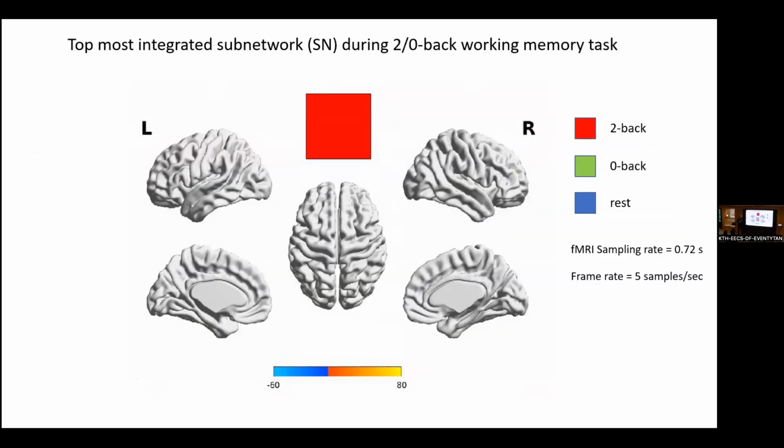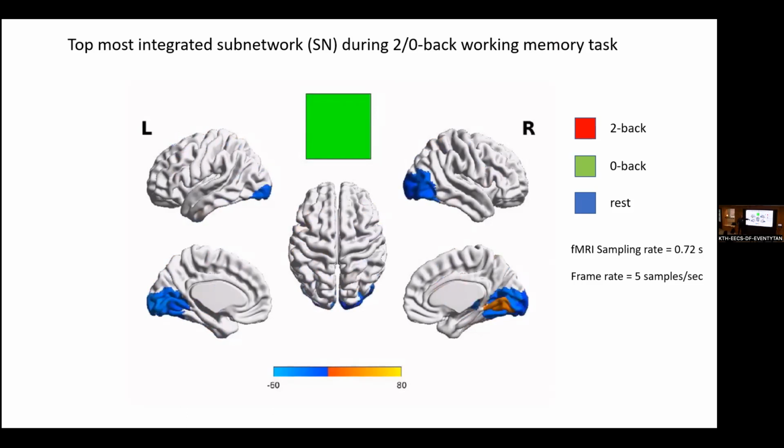And here's just a small movie showing what I talked about, how these networks integrate and segregate over time. So how about the spatial change over time, the topology, how many regions are involved, because these are flexible. This is just a movie showing you the 2-back task the subject is doing, and you see that this network builds up, starts in one region and then gradually fills the whole working memory network.